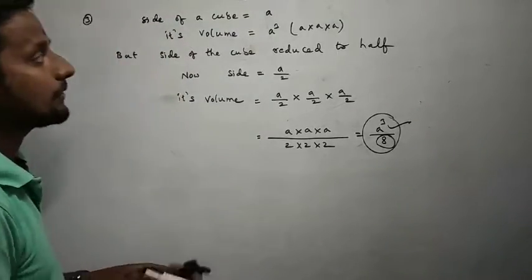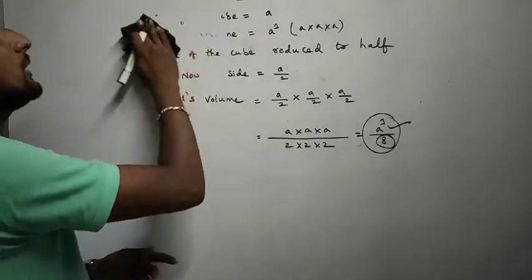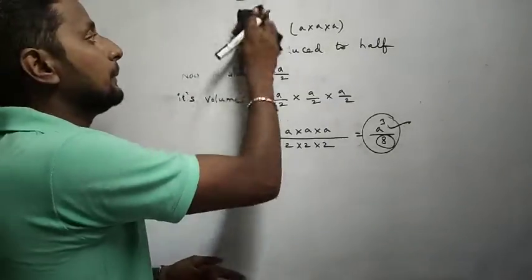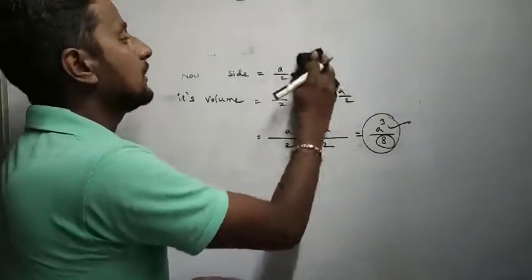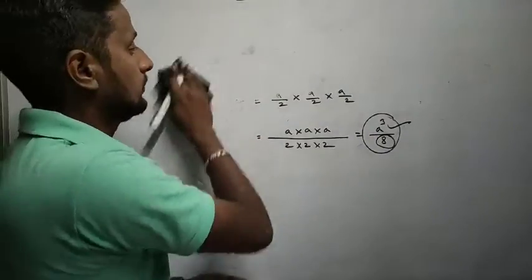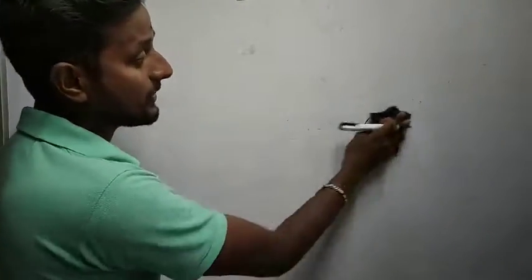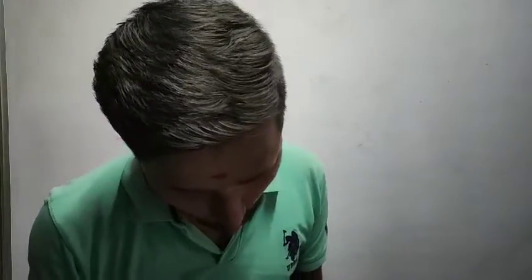Okay, so 4th and 5th problems were completed yesterday. So now we'll see the 6th problem. What is the 6th problem about? The 6th problem is about a cuboid and a cube.